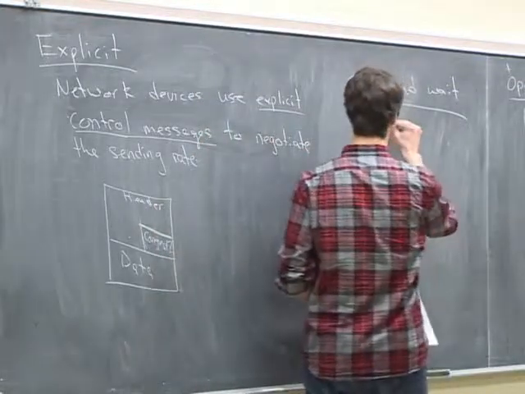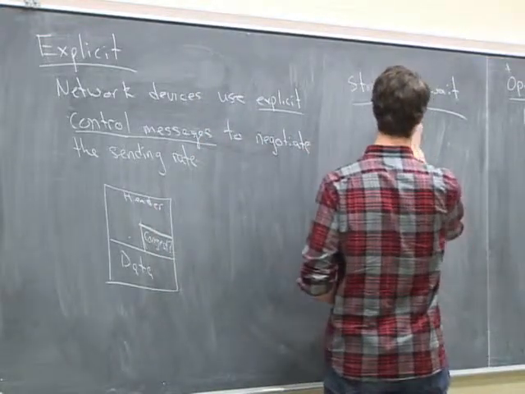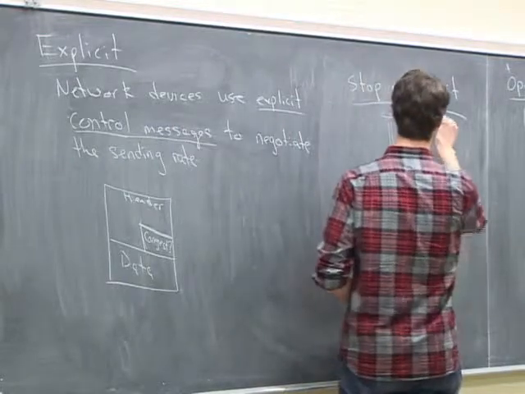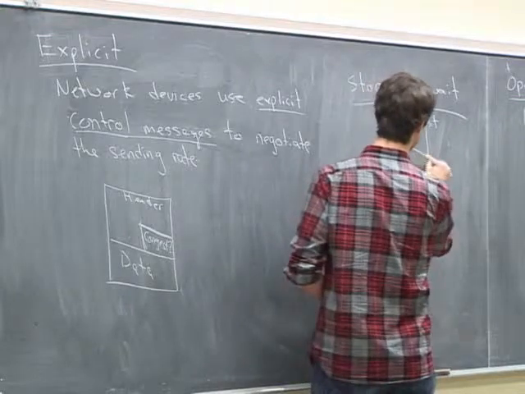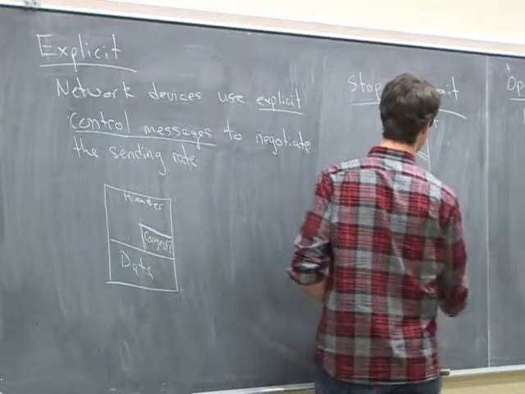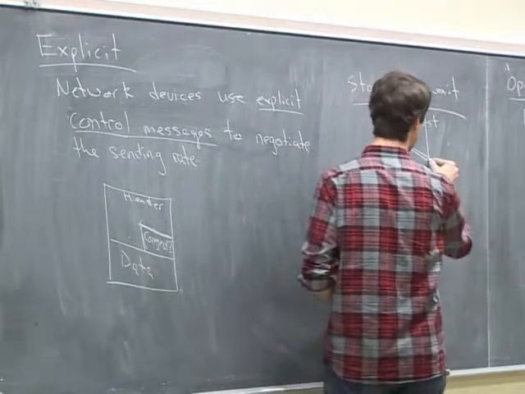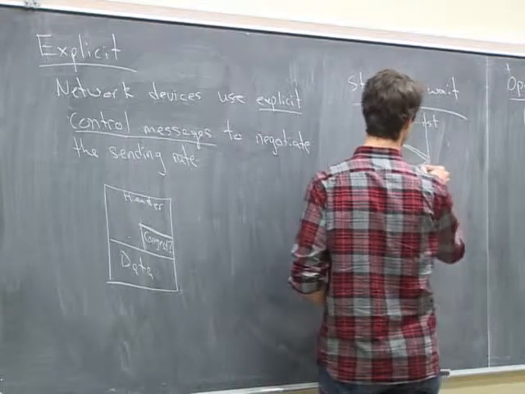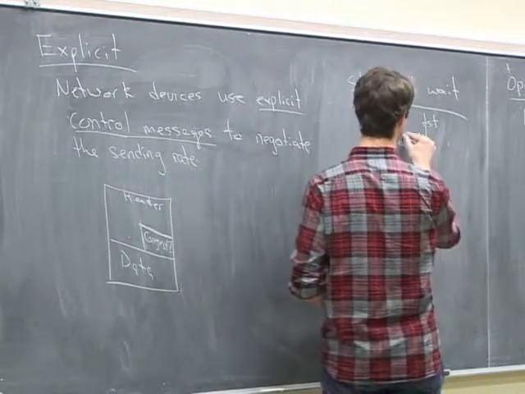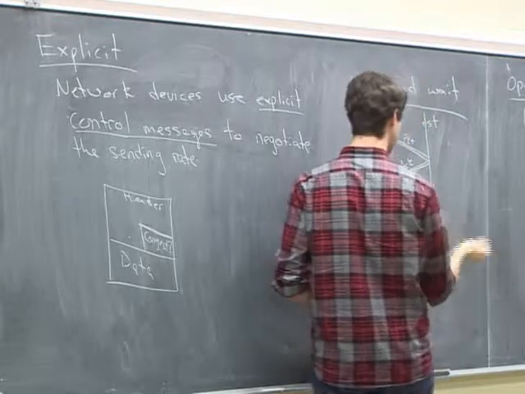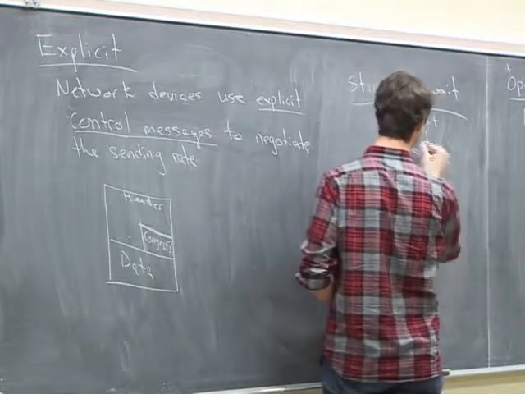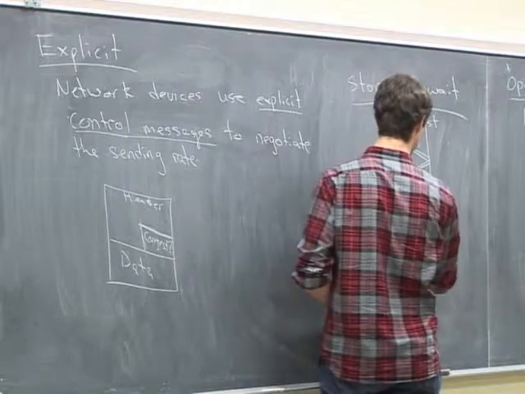So it looks like this, where we have the source and the destination. Then the source sends one packet. Now he doesn't do anything until he receives an acknowledgement. Once he receives the acknowledgement, he can send his next packet.